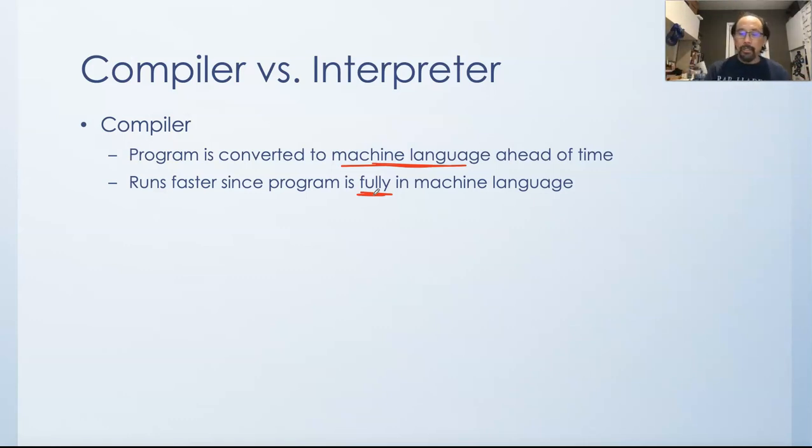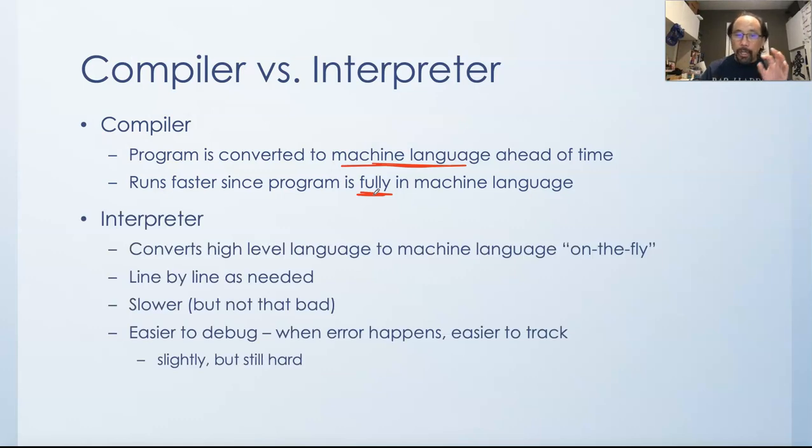Now, an interpreter in a computer works the same way a human interpreter works. Instead of sentence by sentence, we have line by line. One line of Python code gets converted into some instructions in machine language. And it repeats it over and over and over again.